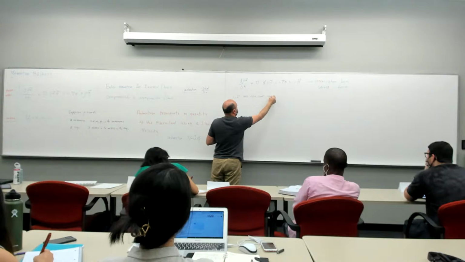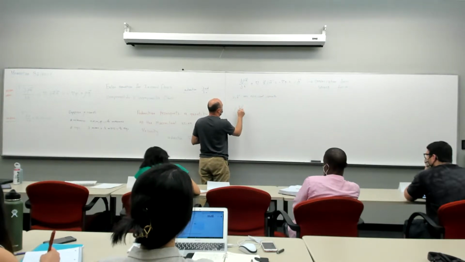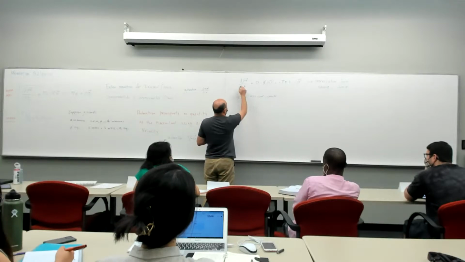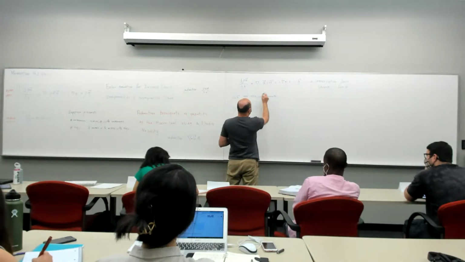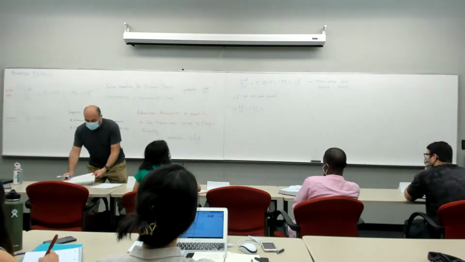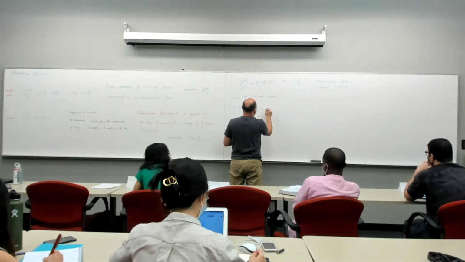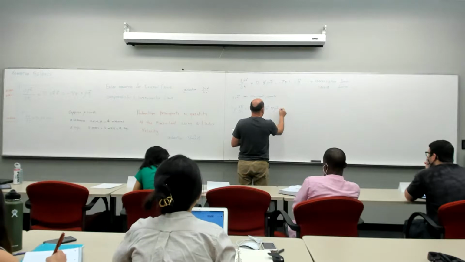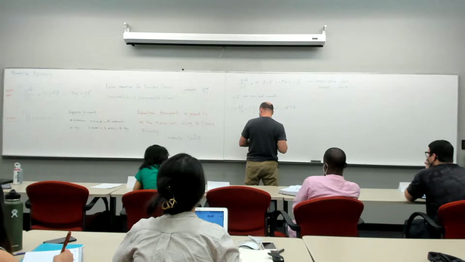Then you could say d rho u by dt, rho du by dt plus u d rho by dt for this term. You can just chain rule it. Plus, this is an interesting term over here, and this is a vector identity. This term looks like u dot grad rho u plus rho u div u.